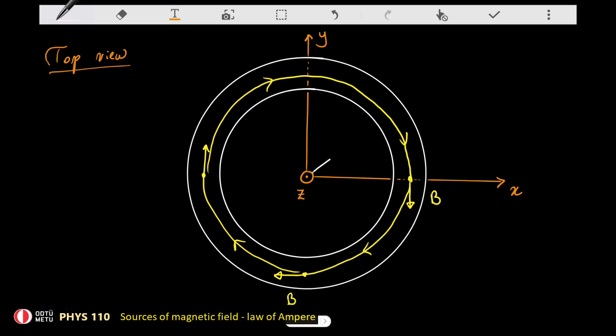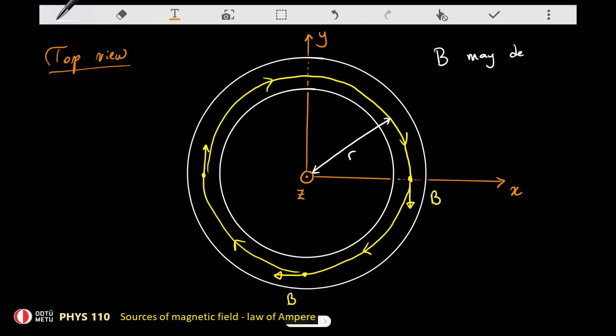Let's also express the other relevant variable in here. So the radius of that circle is r. Let's say it like this. So as a result, the second statement is that B may depend on r.